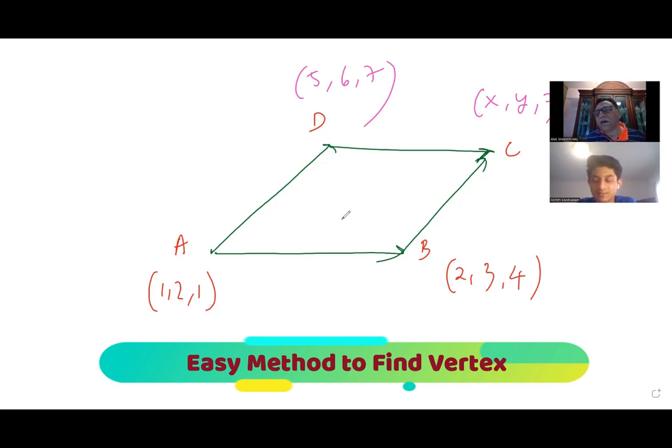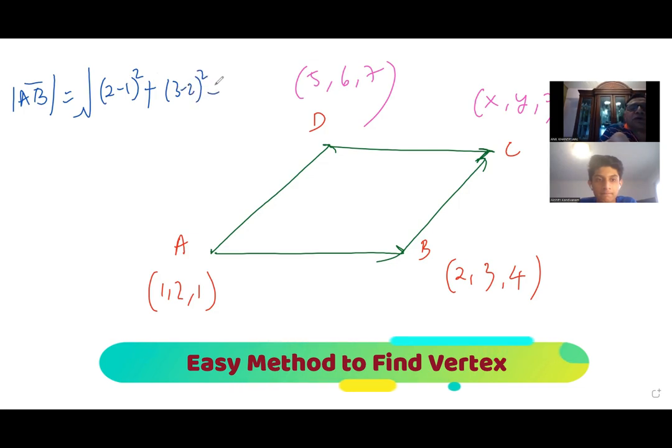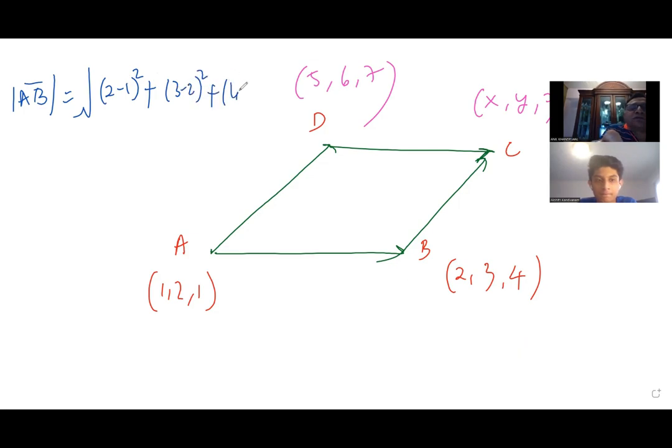So when you use the word magnitude, in that case, it will be the square root of (2 minus 1) squared plus (3 minus 2) squared plus (4 minus 1) squared.